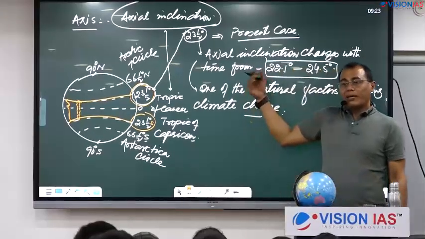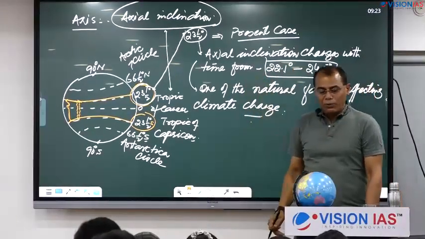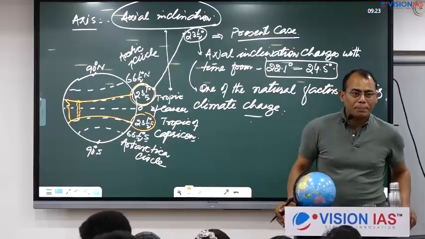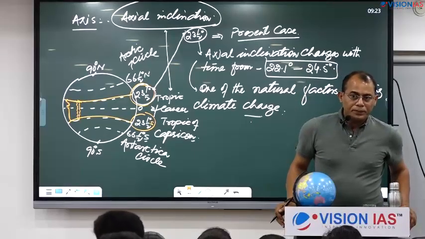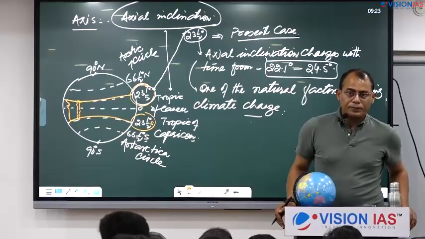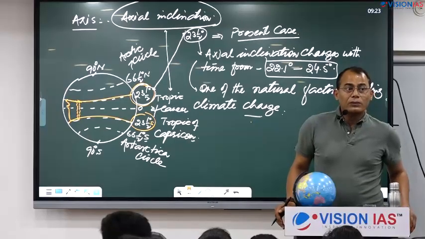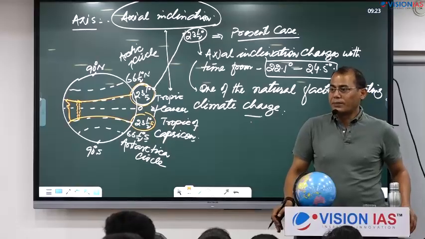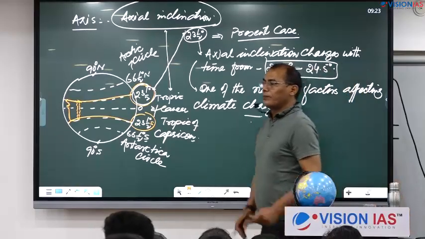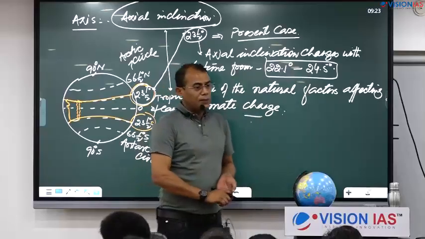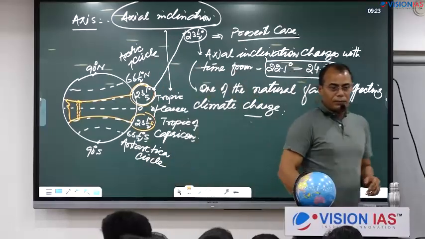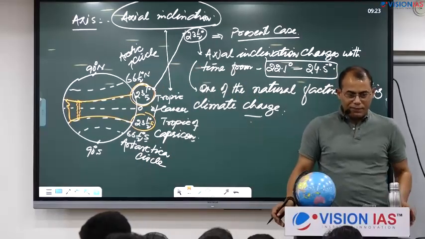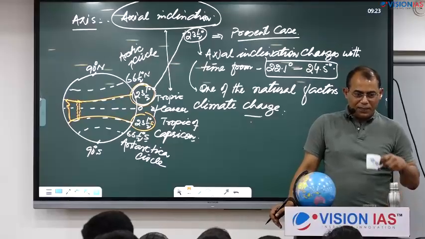Why it is an important factor affecting climate change. What do you mean by climate change? Global warming is one part of climate change. What is climate? Increase or decrease in temperature, so that is morning, afternoon and evening.